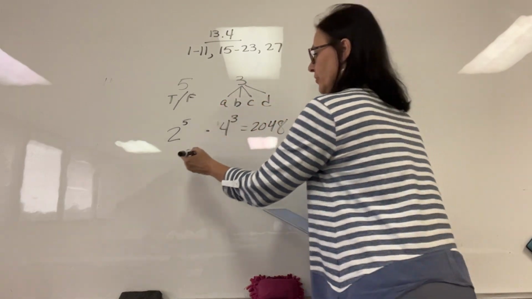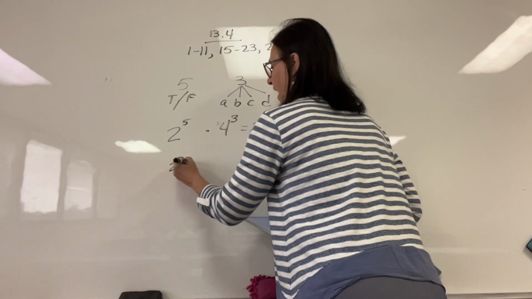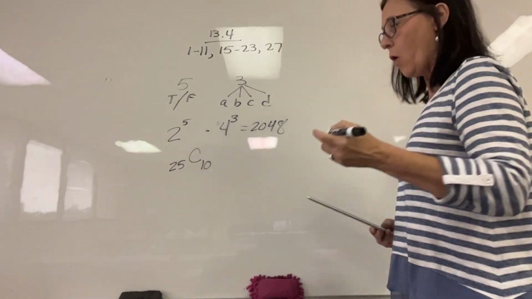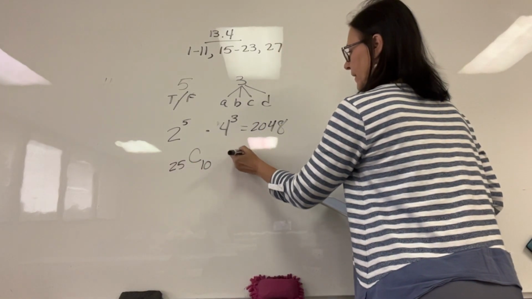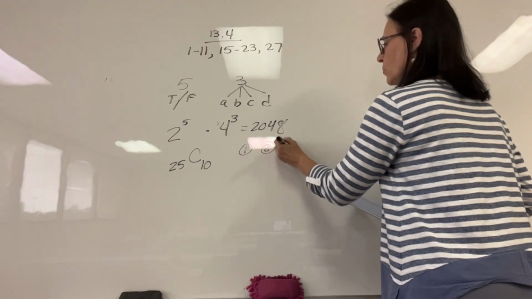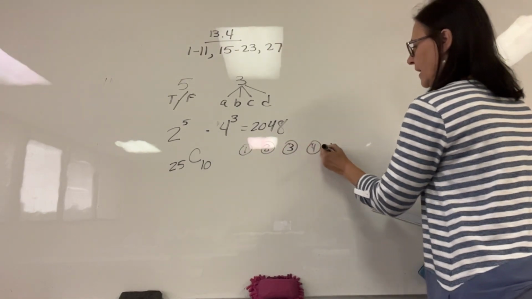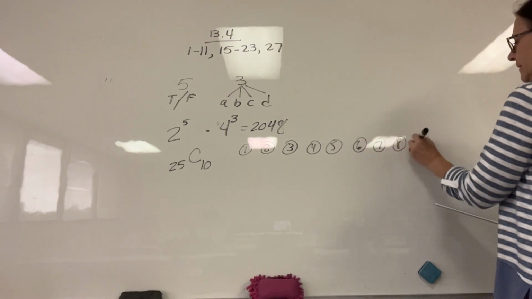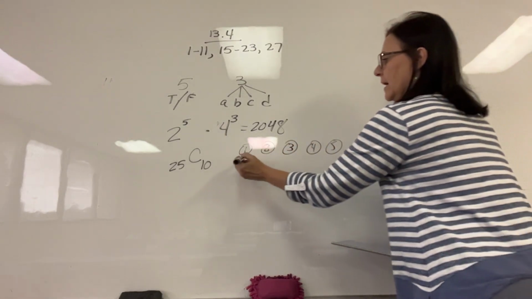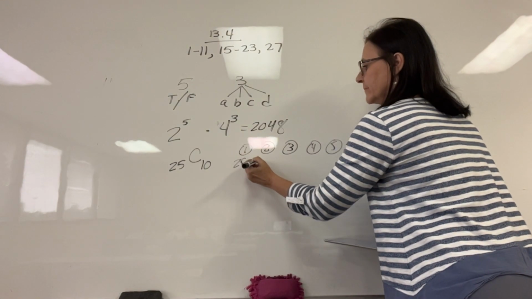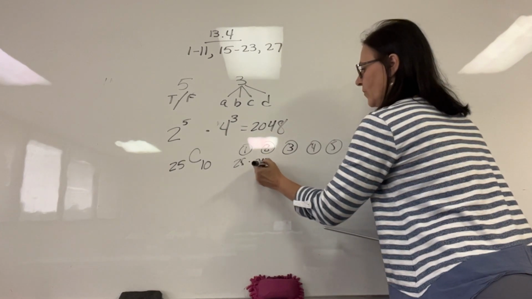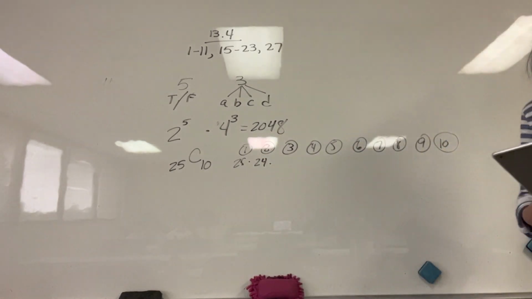So you can either do 25 C 10, or you can do, here we have 10 spots, this is what I always do on the ACT, 25 times 24 times 23, so far down. All right, so what do you get?